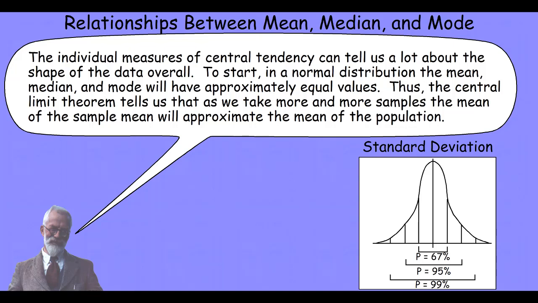And knowing that can give us a little more sophisticated understanding of what we learned from the central limit theorem. The central limit theorem tells us that as we take more and more samples, the mean of the sample means will approximate the mean of the population.